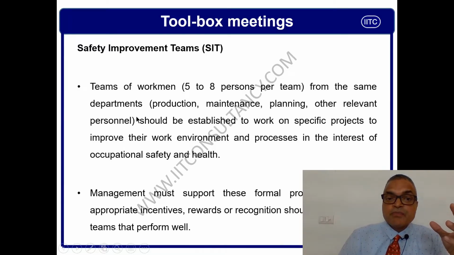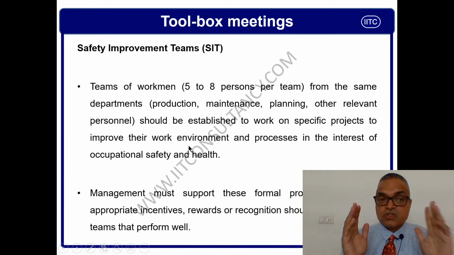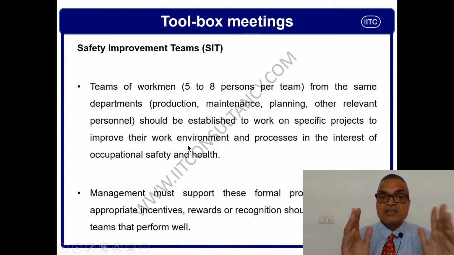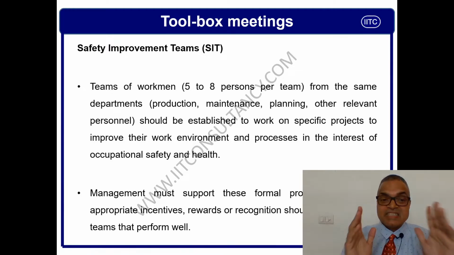Production team, maintenance team, planning team and other personnel can be included, and they should work on a specific project to improve the work environment and processes in the interest of occupational health and safety. The whole intention should be to discuss health and safety. That is why it is called safety improvement teams.